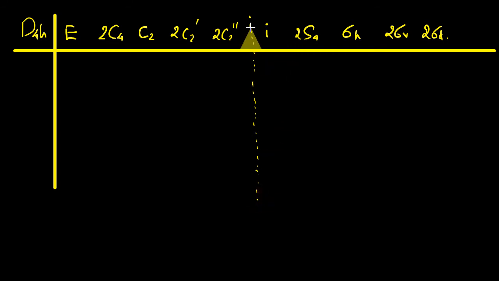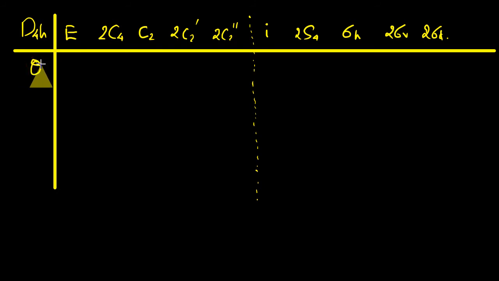We can consider i, the inversion center, as an improper rotation, and i is nothing but S2. S4 is already an improper rotation. Sigma h, sigma v, sigma d are reflections. These can also be considered as improper rotations because the sigma operations can be considered as S0. So with this information, I am going to calculate.